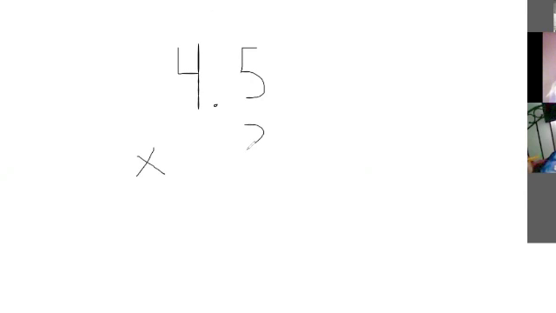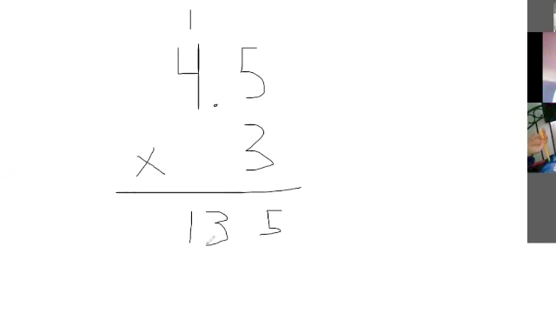This is the way you're going to have to set those up. And then all you do is 3 times 5, right? 15. 3 times 4 is 12 plus 1, 13. And then just like how we would do it in class all the time, you got to remember that there's 1 decimal place right here. So if you started here, it would move over once, and the decimal is going to be right there. So that answer is going to be 13.5.